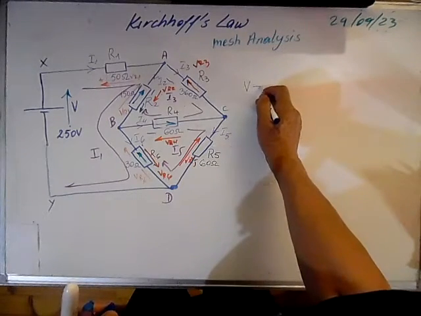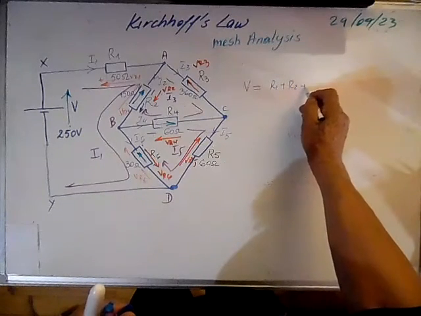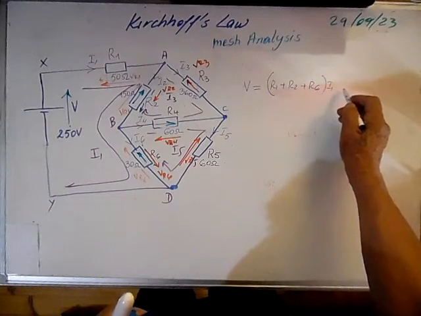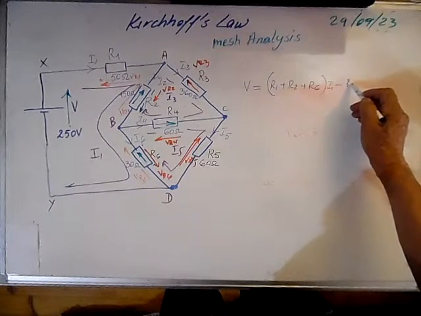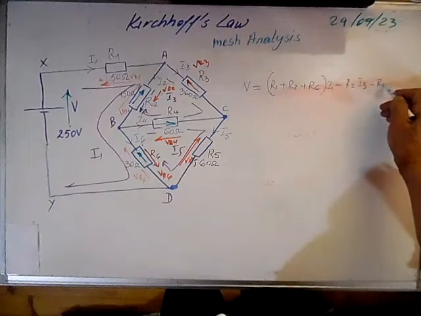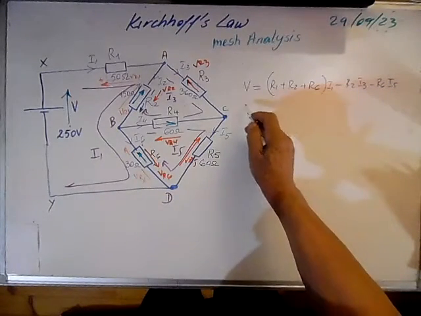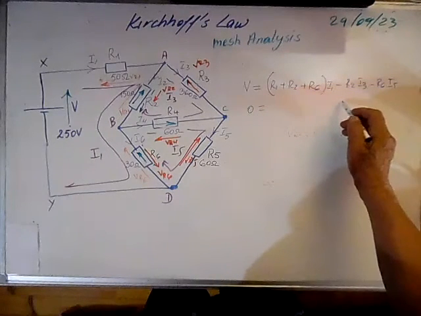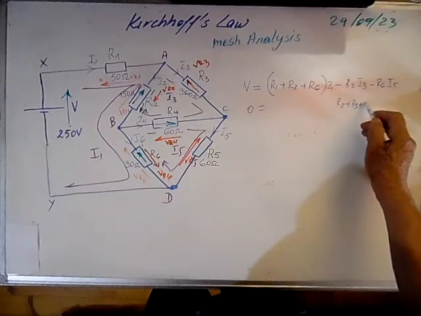V is equal to R1 plus R2 plus R6 times I1, minus R2 I3 minus R6 I5.